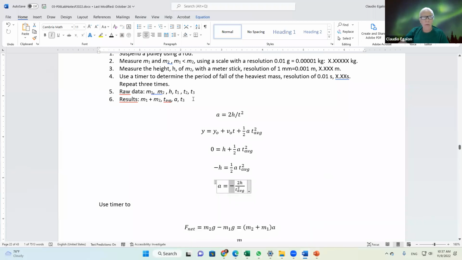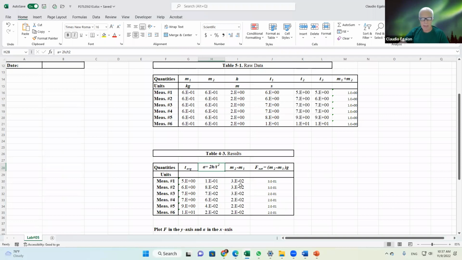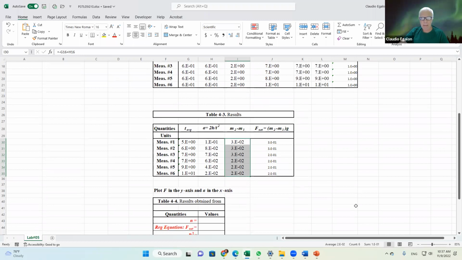So what else? Results. We have more results here. And then we have a difference in masses. We need that, M2 minus M1. Okay, and then we have the net force too. So let's take a look at the theory, which I didn't cover yet.